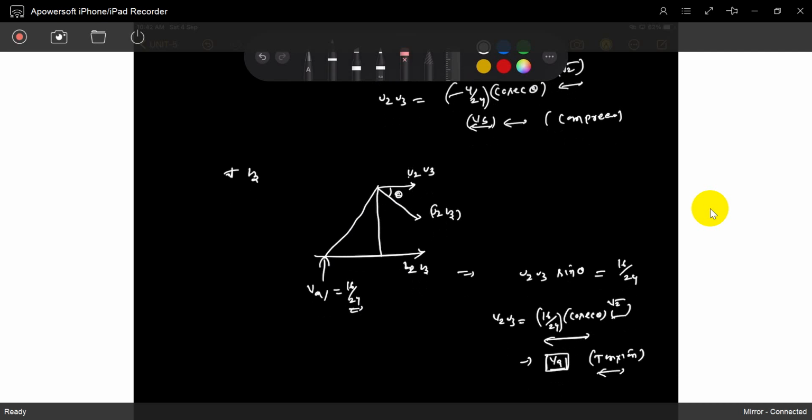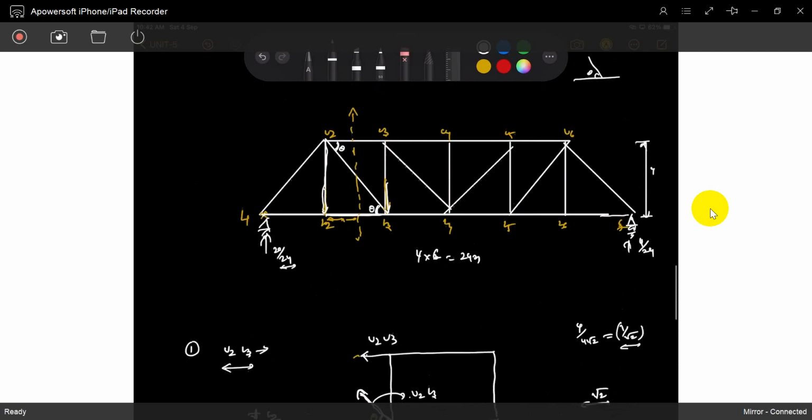So just observe it. What do you observe? The load is up to L2. The load of U2 L3 is VB cosec theta. The same thing previously: the load in the vertical members up to a certain point is exactly equal to VB.